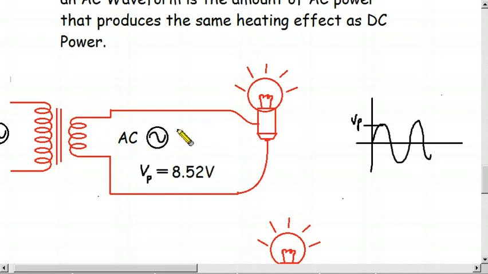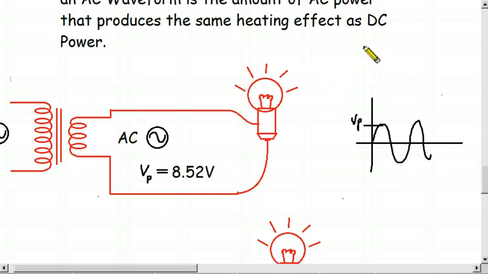Even though it is AC, you can easily light up the bulb. It doesn't matter, because the bulb doesn't feel whether the current goes this way or that way. The bulb just lights up. You can see a certain amount of brightness, a certain amount of power of this lighting bulb, with your own eyes.